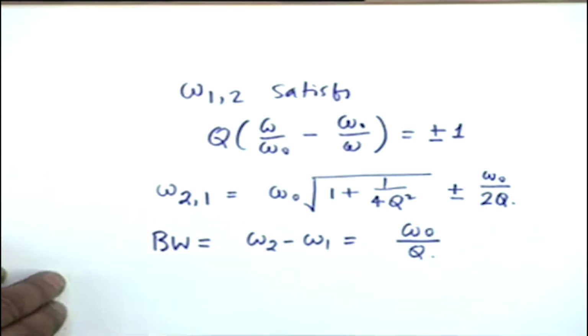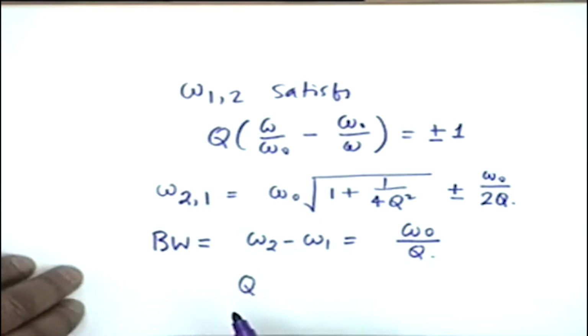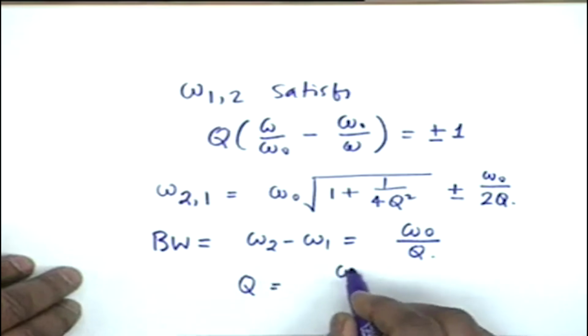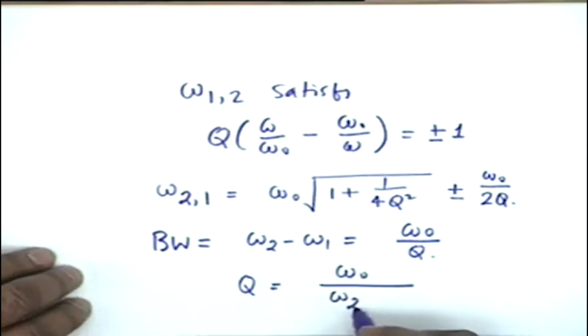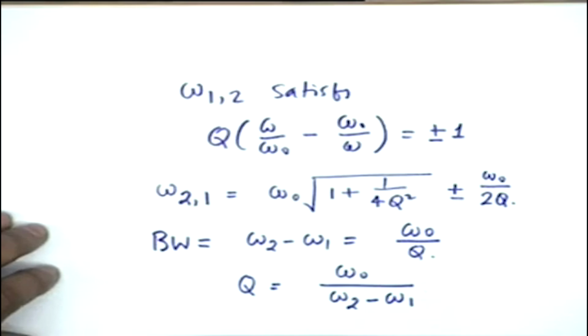And therefore the circuit Q can also be related to how good the circuit behaves as a band pass filter. You can see that small q is omega naught divided by omega 2 minus omega 1. All right. In other words, what does this mean? It means that the higher the value of Q, the narrower will be the bandwidth.